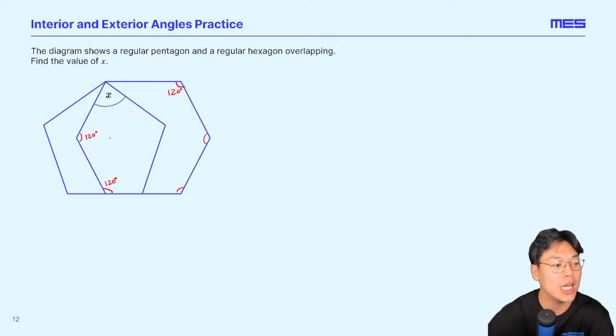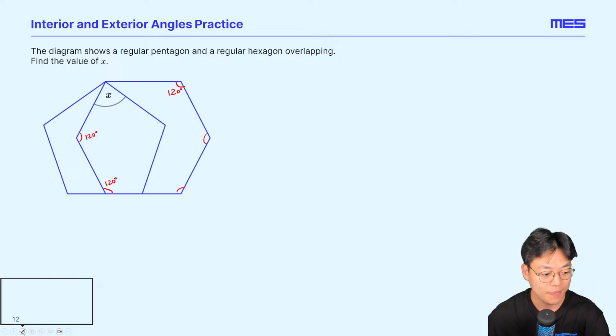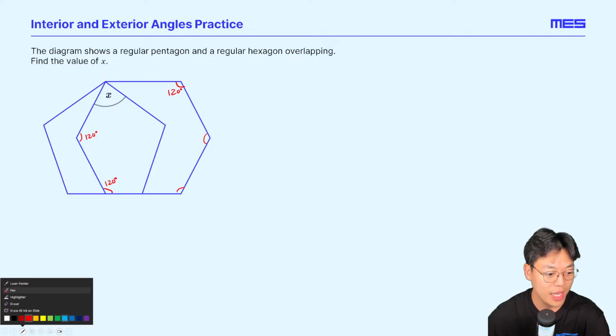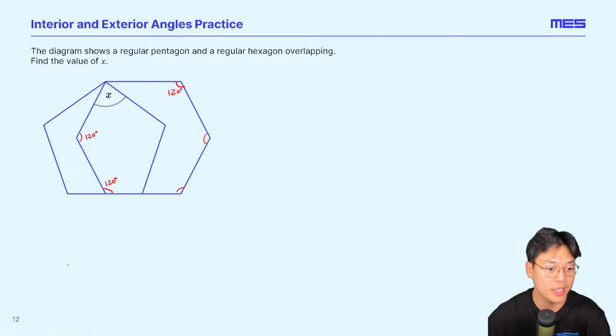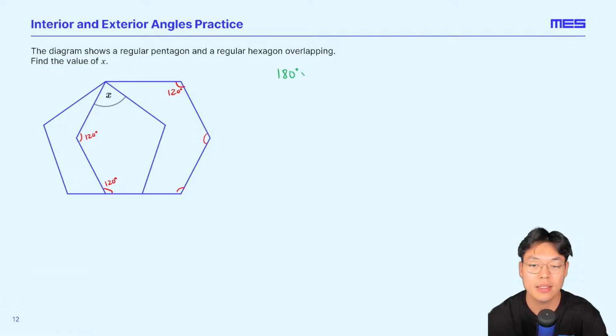How about for a pentagon? What is the degree measure of the interior angle of a pentagon? I'm gonna do this one in green. Well, a pentagon is 180 times 5 sides minus 2. 5 minus 2 is 3.